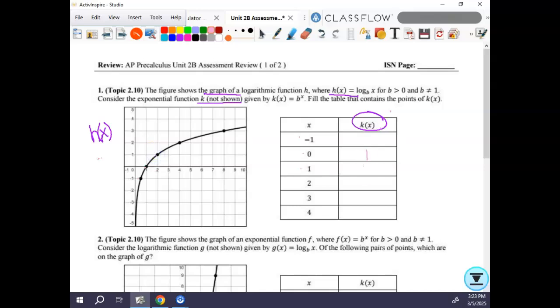That makes this one 2. And then this is 4 and 8. Okay, and then I can't see my output of 4, but I can see what's happening here. I'm multiplying by 2 each time, so that would make this 16, and this would for sure be 1/2. It looked like about 1/2, but we shouldn't guess, right?